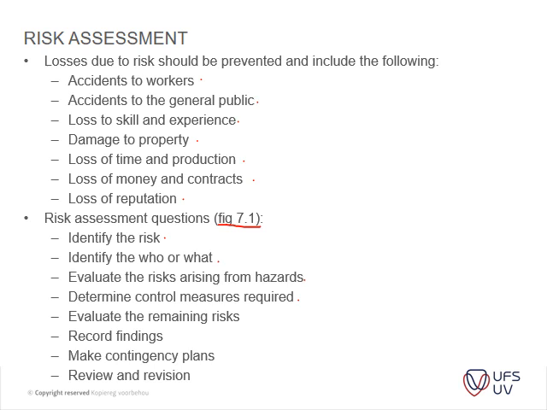Then you evaluate the remaining risks, and then you record your findings, you make a contingency plan, and then you constantly review and revise. These risk assessments are cardinal to health and safety.